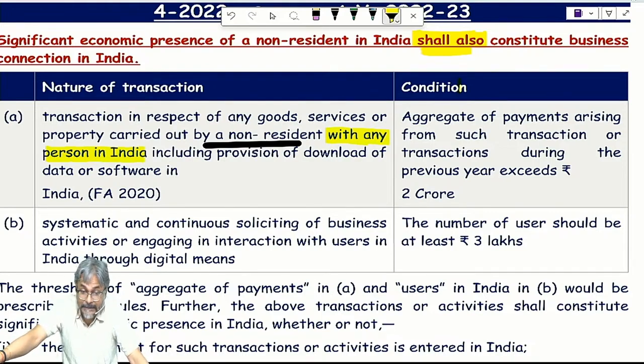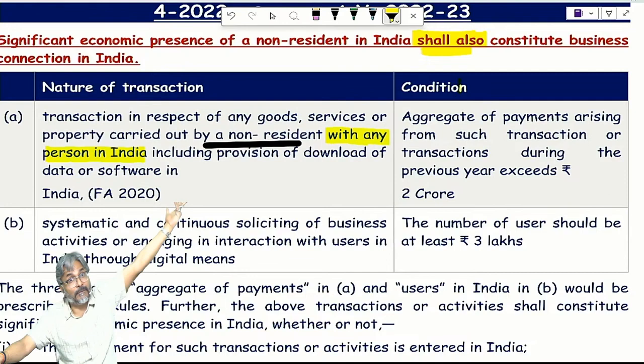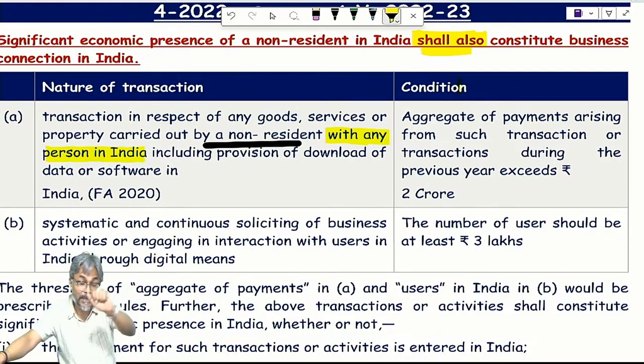Person can be now anyone, need not necessarily be a resident in India. He can also be a non-resident. Say for example, the non-resident is doing a transaction with Mr. Shah Rukh Khan. Shah Rukh Khan is a non-resident right now because his stay outside India was more as compared to the stay in India. So technically right now he is having a status of a non-resident.